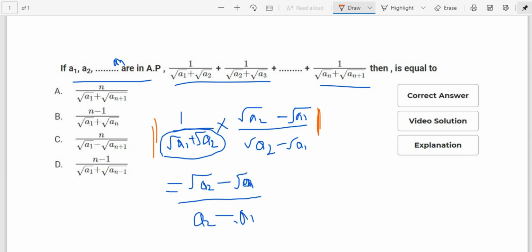After rationalizing, the denominator becomes a2 minus a1, which in an AP is called D, the difference between the two terms.